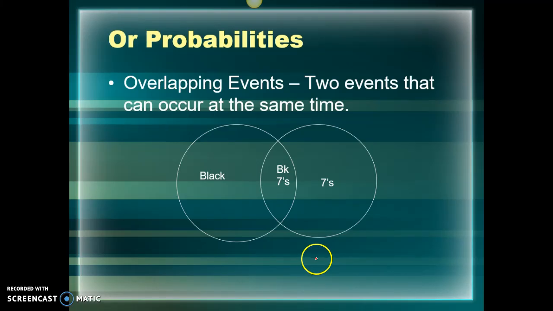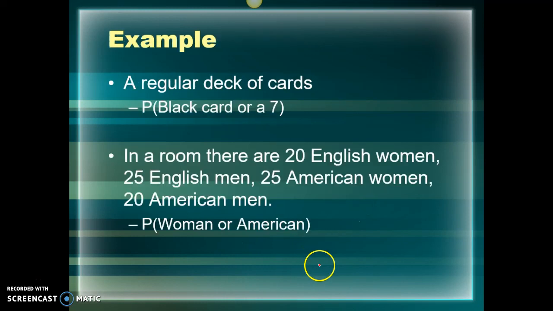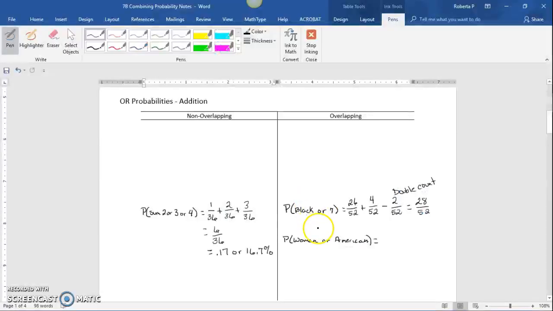In the next problem, we want the probability of a woman or an American. First we find how many women there are: we have 20 and 25, so 45 women, so 45 out of 90.